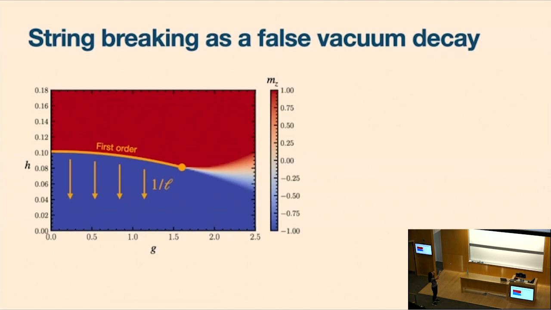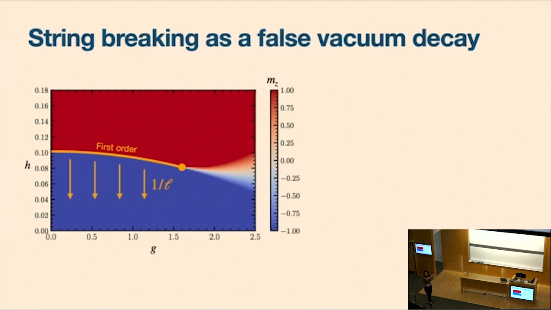So the avoided level crossings that I showed were essentially in this direction as we change h. So you can think of this as a first order phase transition. Only, this value of h is going to 0 as 1 over L. But the physics is essentially that of a first order phase transition.